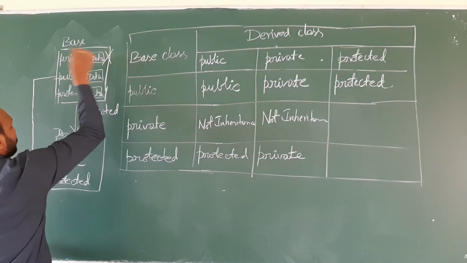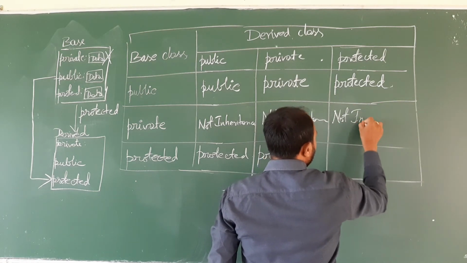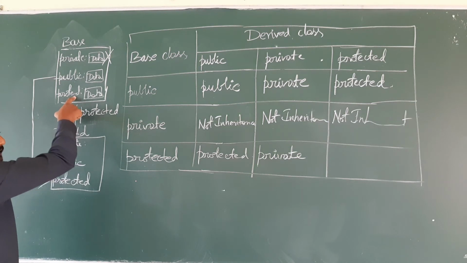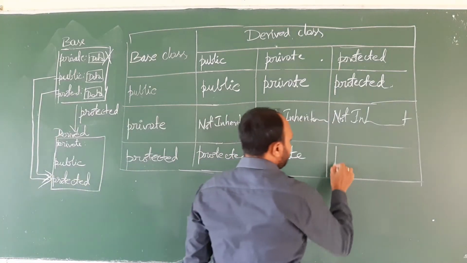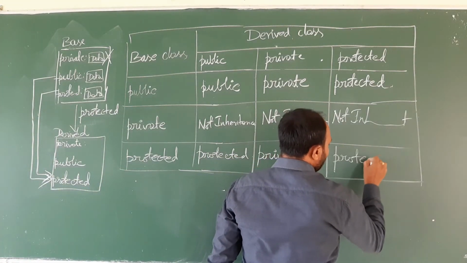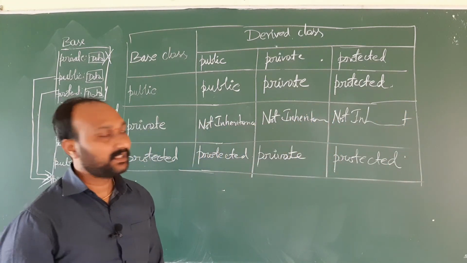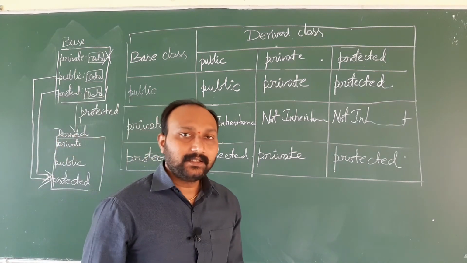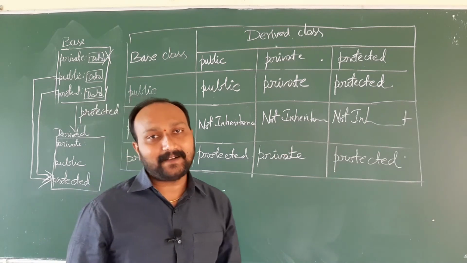The private members of the base class cannot be inherited. And what about protected members of the base class? The protected members of the base class become protected members of the derived class. Okay, so this is how we can explain the visibility mode using this particular table in an easy fashion.